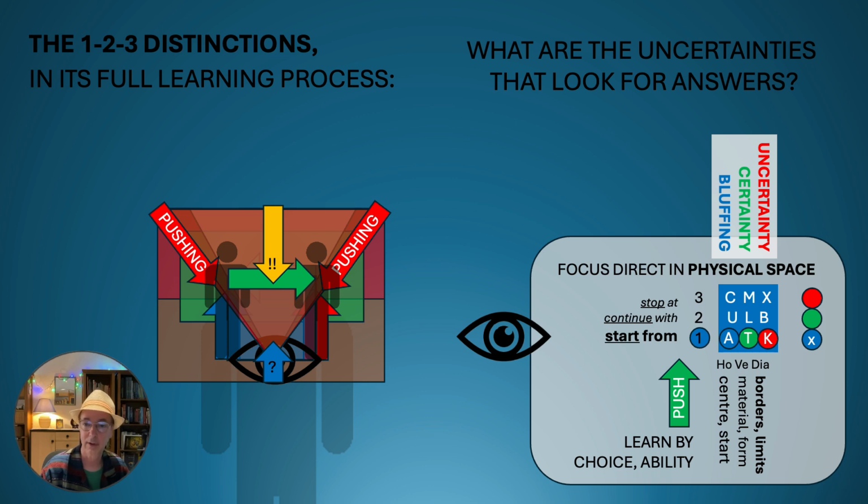So that's with this bluffing, it is a bit difficult to do so. You have to go then to the moments of certainty and meet also the moments of uncertainty. The first uncertainty moment, you know it already, that's the letter K, where you're at your own borders, your own limits in space.